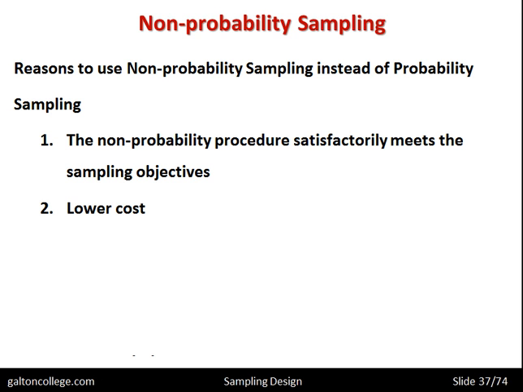But non-probability procedures do have an advantage because they are very cheap. It's simply finding a number of people to answer the questionnaire, or to get involved in a focus group, or to get involved with some interviews. It's cheap. It's easy to select.